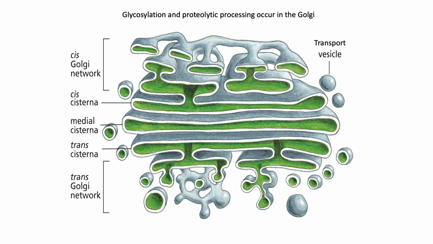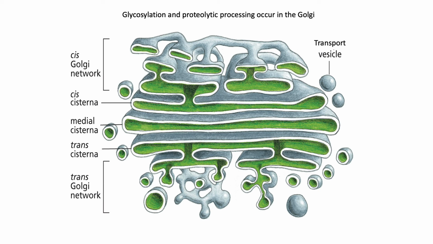I just call that whole cluster there the medial Golgi. So the medial Golgi would represent those three together for me. So we have the cis at the top, the medial towards the center, and the trans Golgi is what's closest to the plasma membrane, and the secretory vesicles bud off of that.